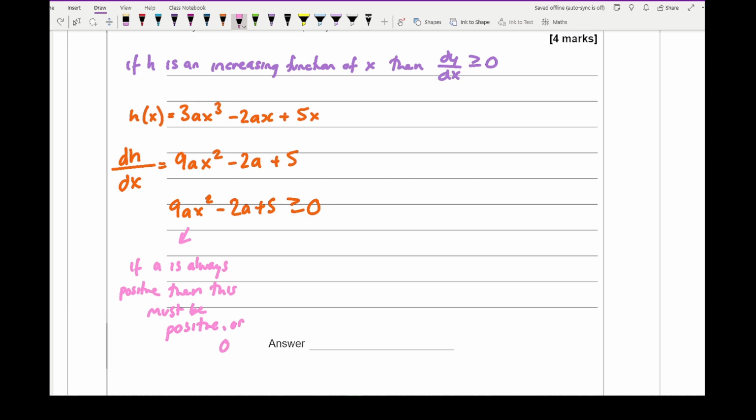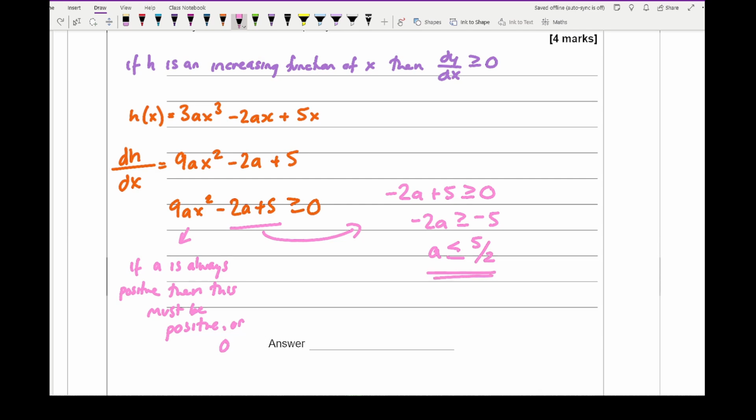So the only thing that can be equal to 0 is going to be this. So all I then need to solve is minus 2a plus 5 is greater or equal to 0. Now solving this, we take the 5 over to the other side, so that becomes minus 5, and because we're dividing by a negative number, we need to flip the inequality, and a becomes less than or equal to 5 over 2, and that there is one of the answers.